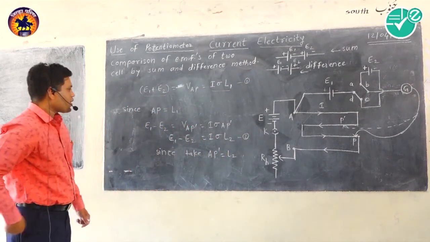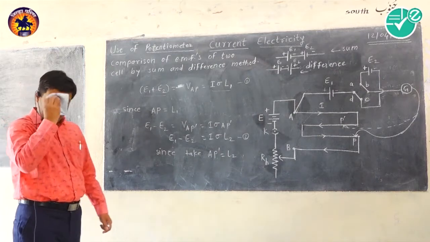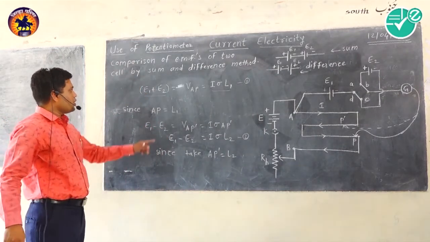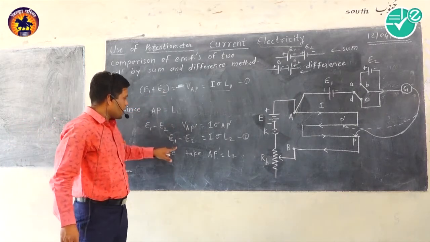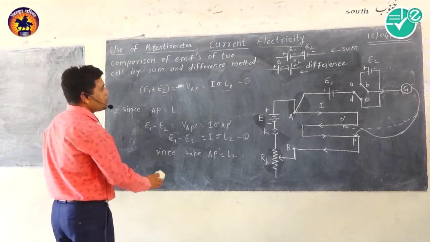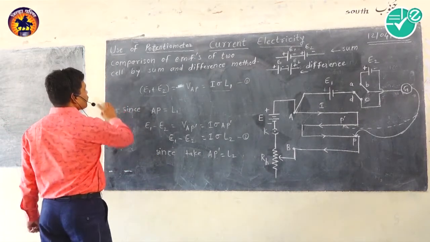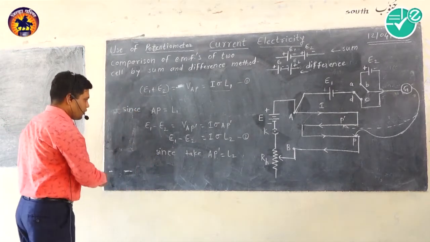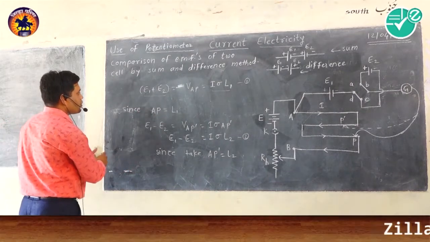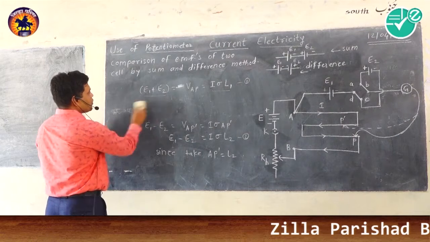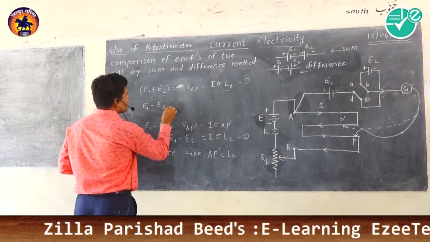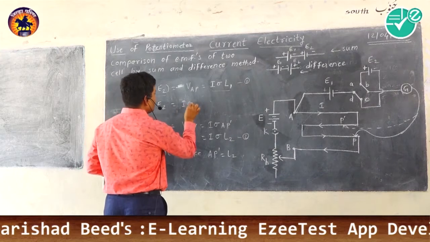Now, this is equation number first and this is equation number second. If we divide equation first by equation second, you will get a relation that I will write on the board. Equation first remains as it is, and equation second is E1 minus E2 equals I sigma L2.